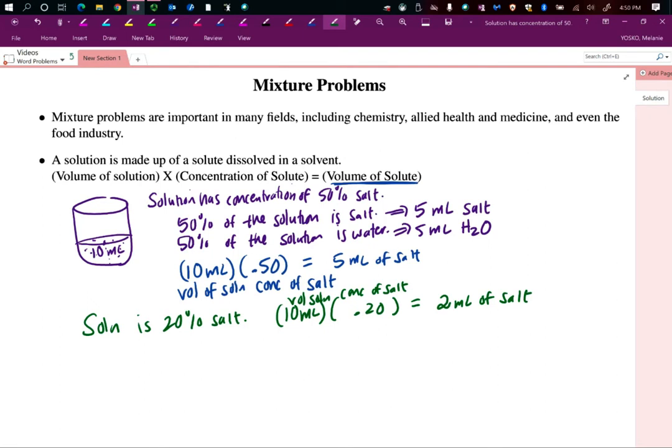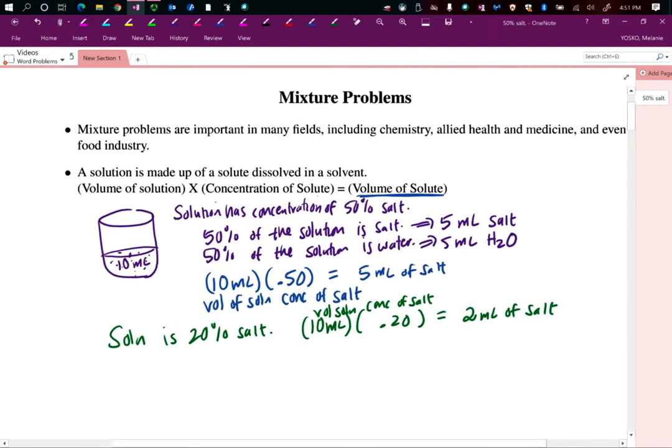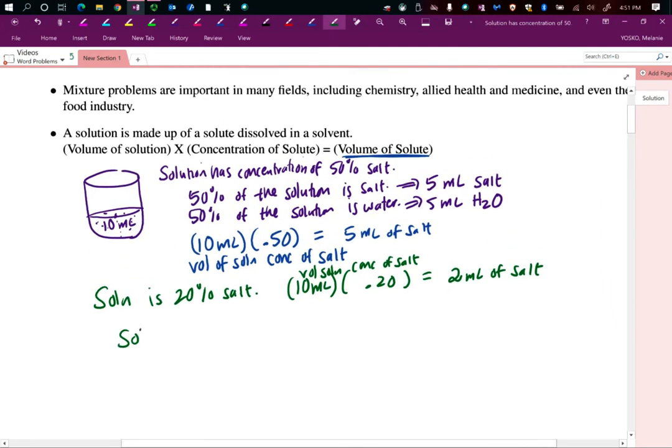But when we make a solution, often we mix two different solutions. If you have solution 1, you take the volume of that solution and multiply by the concentration of whatever solute you're talking about. By this formula, we can figure out the volume of that solute in solution 1.